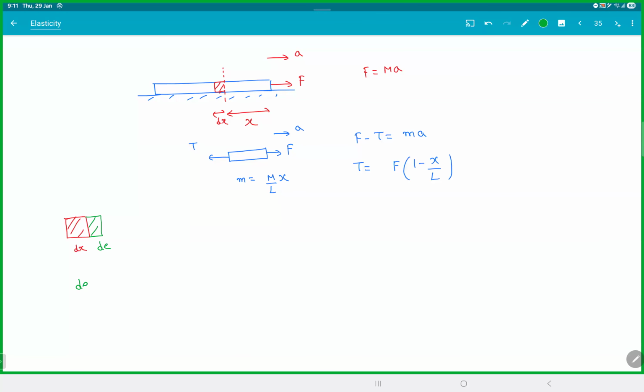So de will be tension into length of the piece dx, by AY. So elongation will be the integral of F into 1 minus x by L, dx by AY, from 0 to L. FAY is constant. That will be x minus x squared by 2L. You'll end up with FL by 2AY.